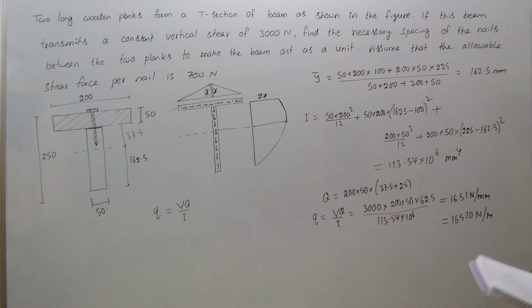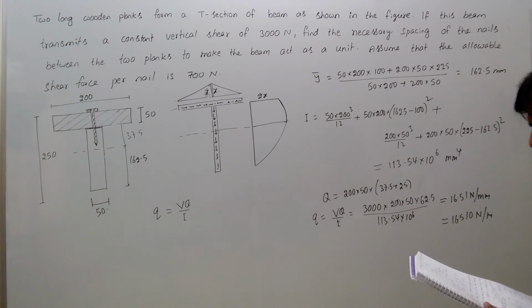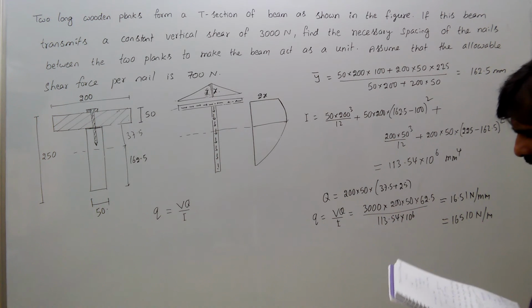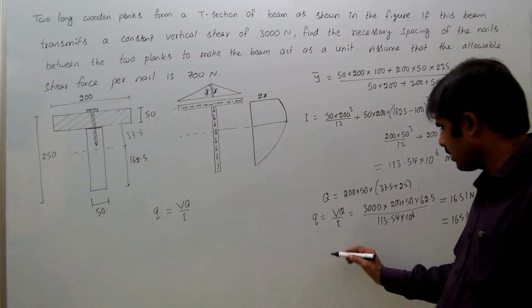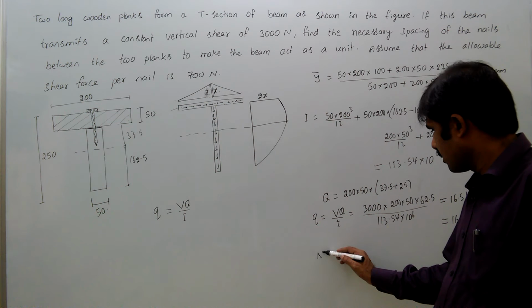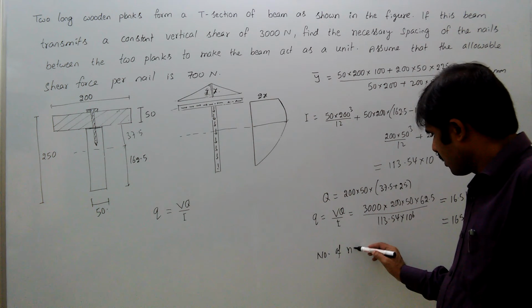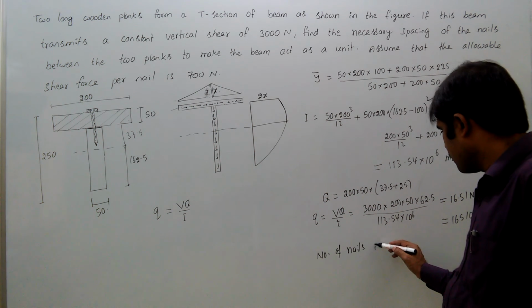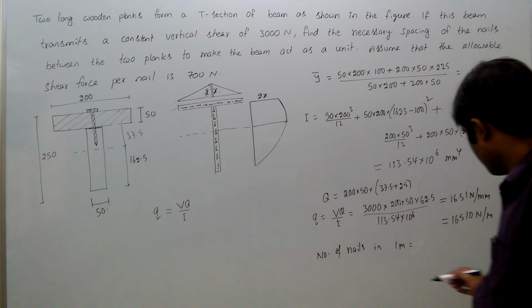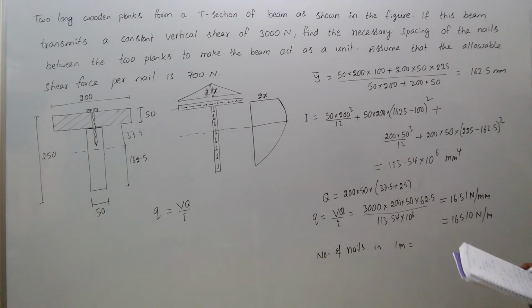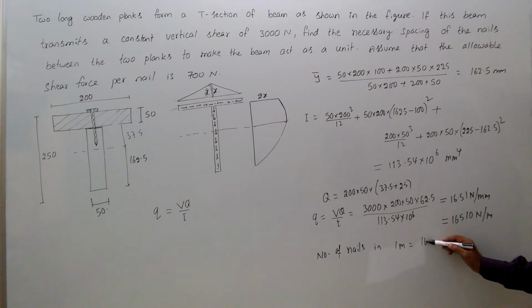Now, nail spacing. Each nail can carry 700 newtons. So number of nails required in 1 meter: in 1 meter this much force is there, 16,510, but each nail can carry only 700 newtons.